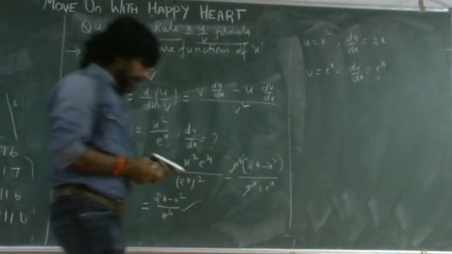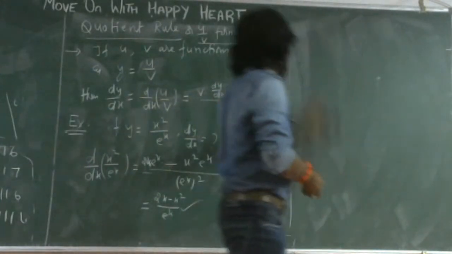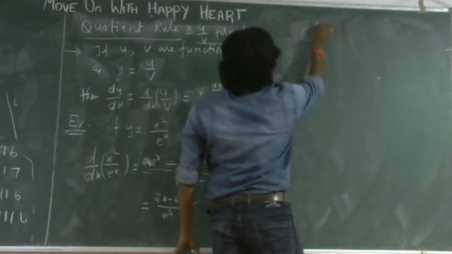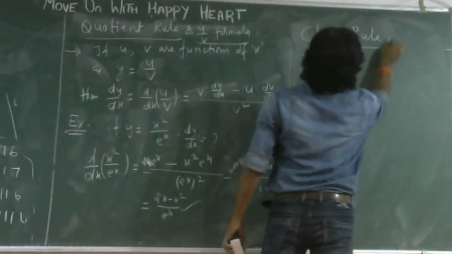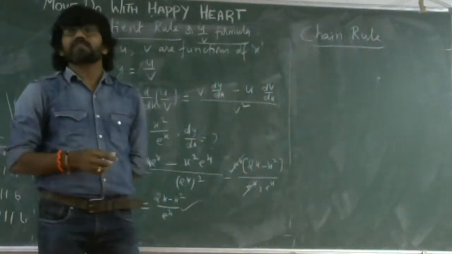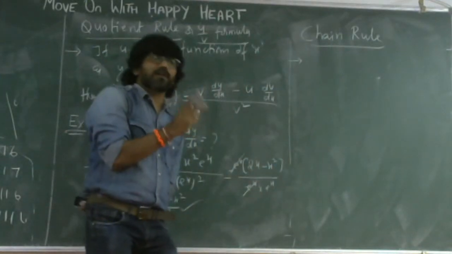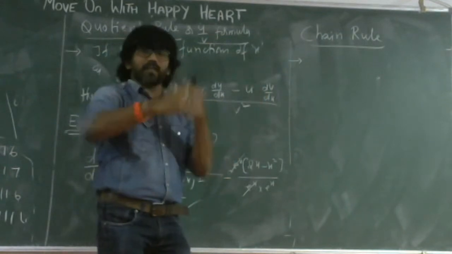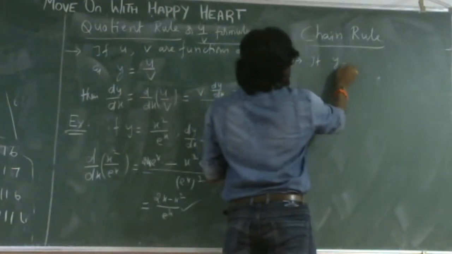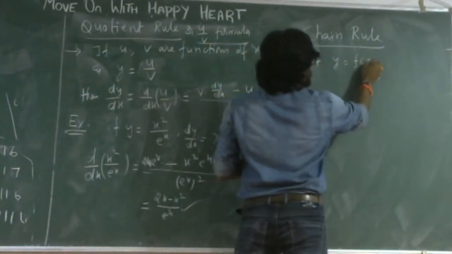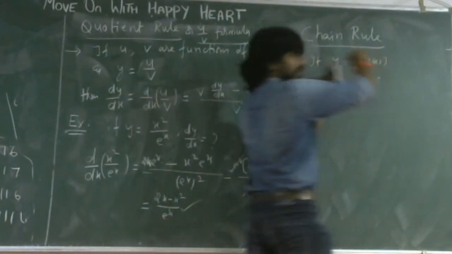Now write down the next subheading: chain rule. The chain rule says the general formula looks one way, but while doing examples it looks very easy. If we have y is equal to f of g of x, it means one function is inside one more function of x.